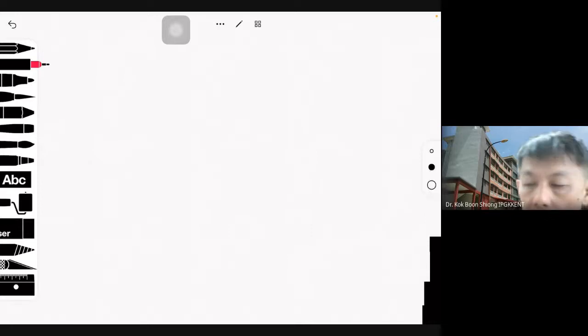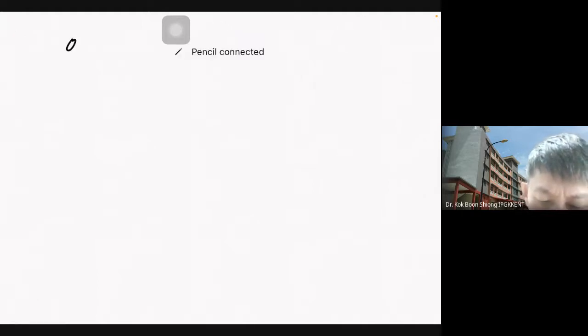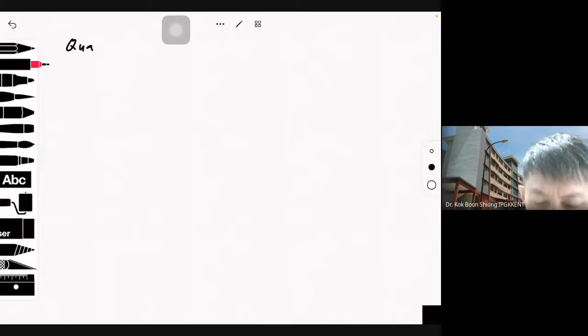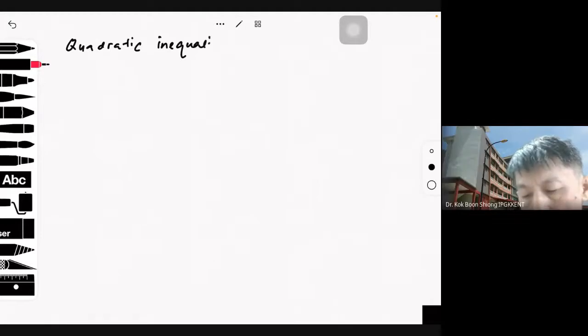Okay, so let's look at quadratic inequalities. Can you see the screen?